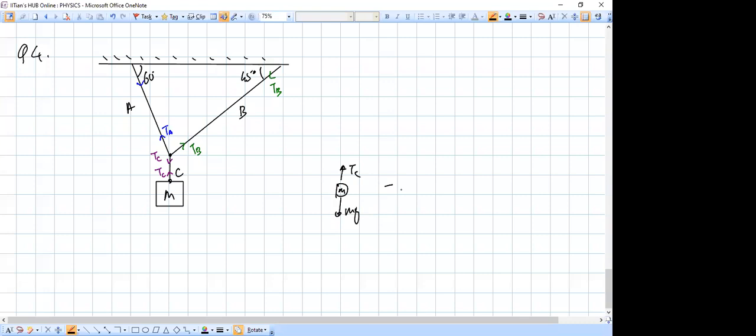There is TB acting like this. And there is TC acting vertically downwards.